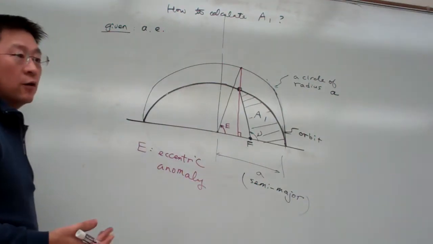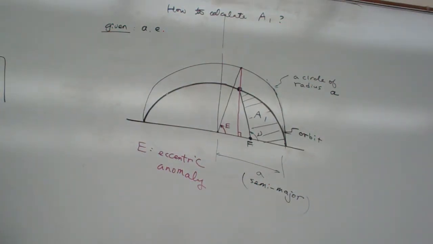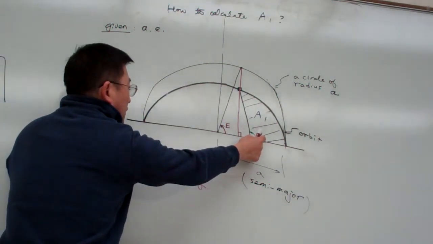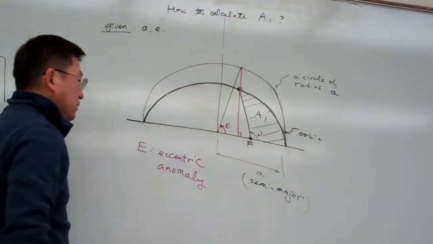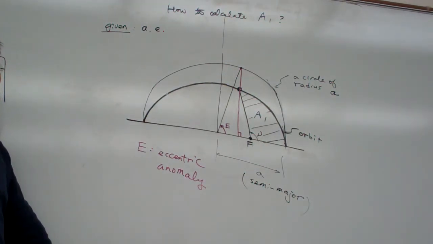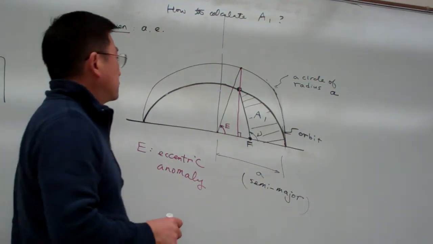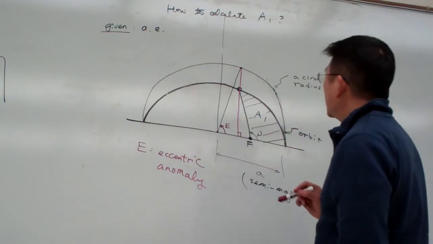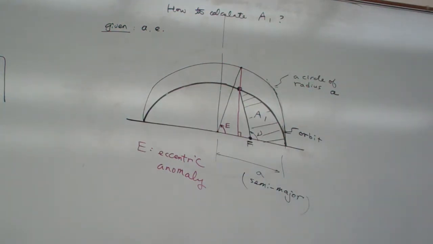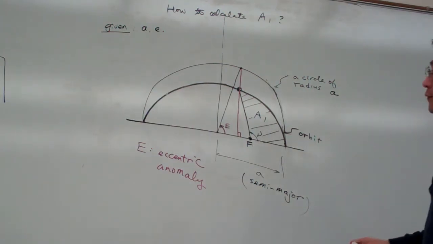Anomaly means angle, and that's the name. It turns out our true anomaly can be related to this eccentric anomaly in a certain way. I will give that relation to you shortly. Now we have A1, which can be found in a certain way.